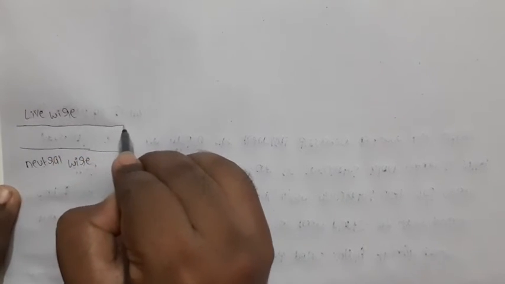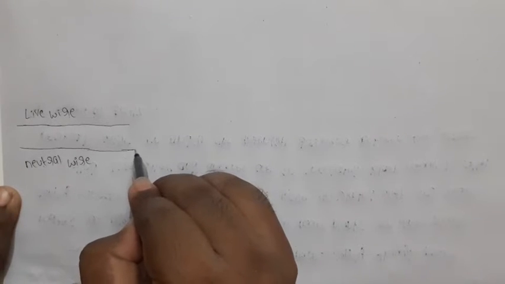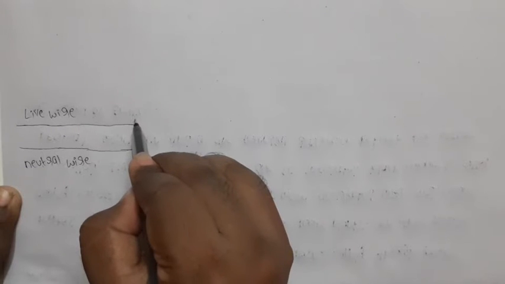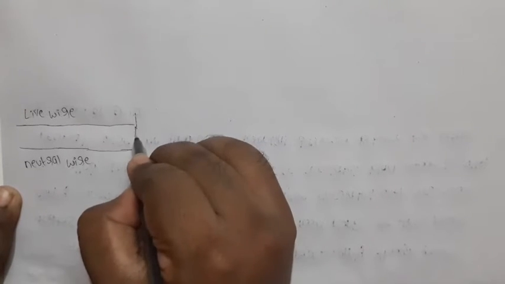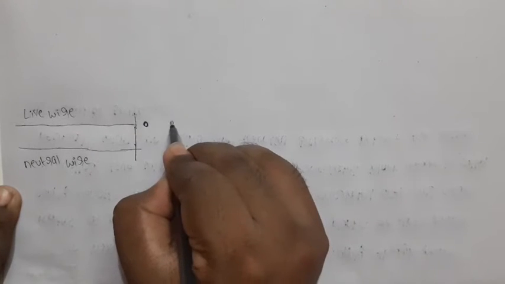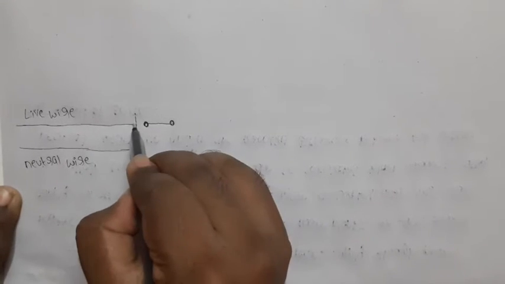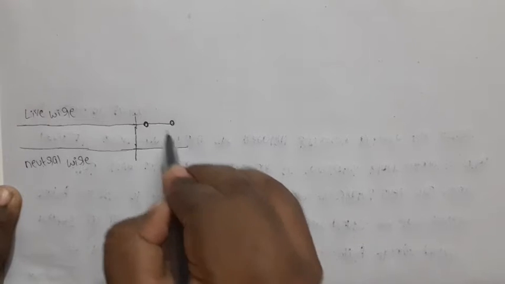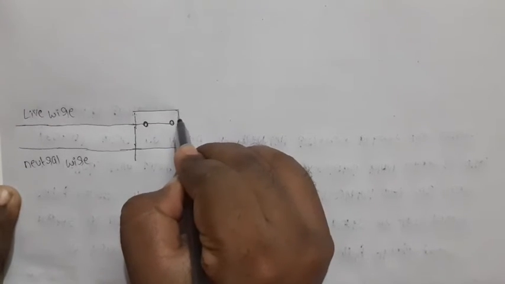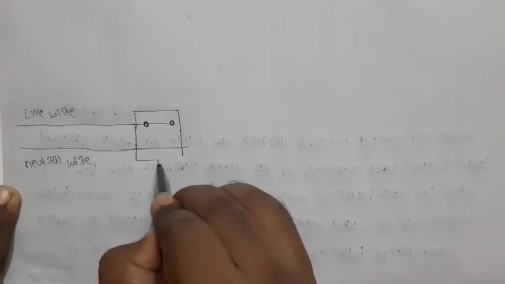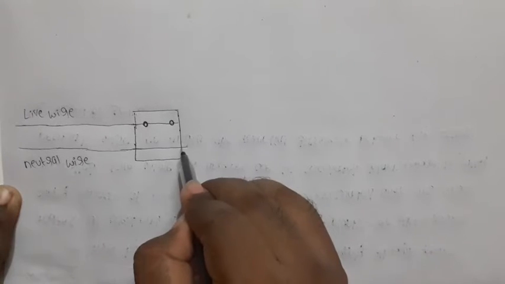These are the two wires of the power supply. These two wires are first connected to the fuse box. This is one of the safety measures in the electric circuit.